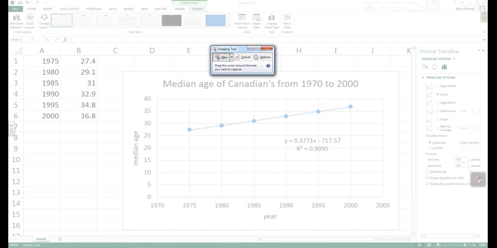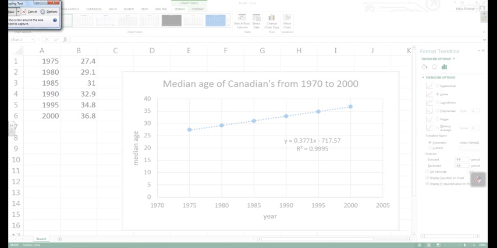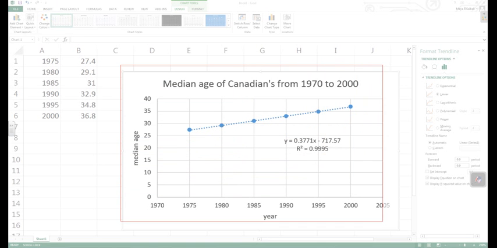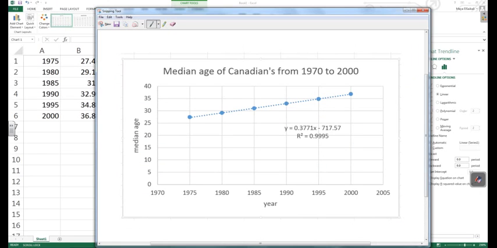Okay? To take a picture of my graph, I'll just go around my graph and you see this is a picture of your graph. You can right click on it and then copy it and then you can dump it into a Word document.